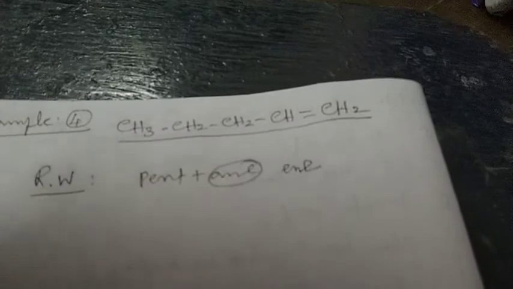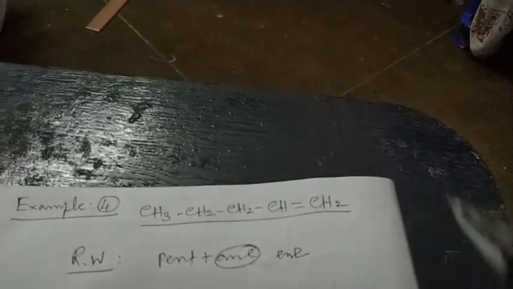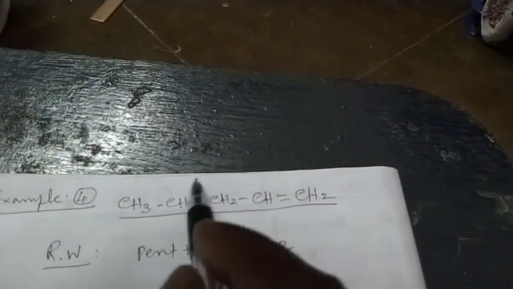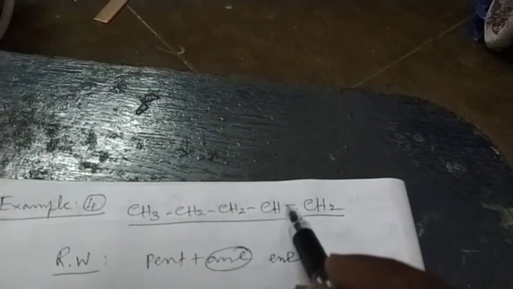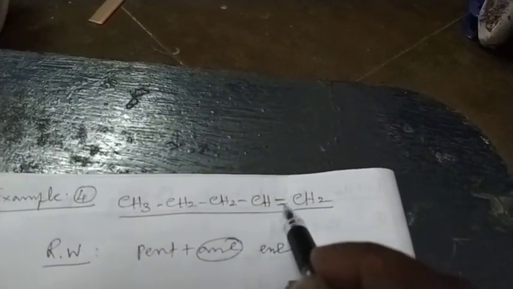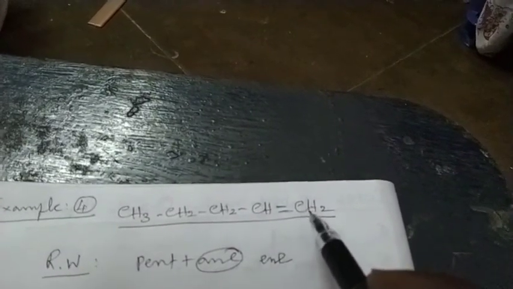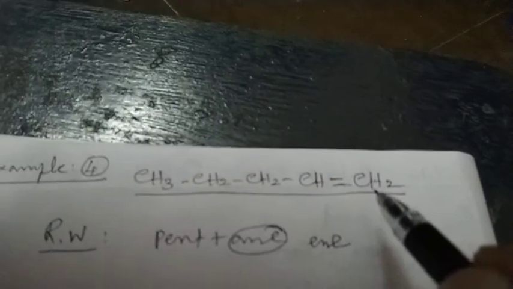And we have to number the carbon atoms. How to number, from this way or that way? According to the rule, we check the position of the double bond. The double bond carrying carbon should get the lowest possible locant number.